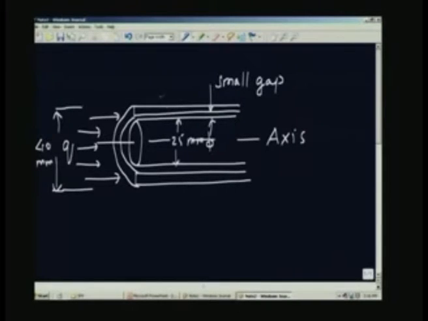The gap here between the two, half to 1 millimeter. So, very narrow gap between the inner cylinder and the outer guard. So, if the heat is impinging on the front surface both of the cylinder as well as the guard. So, this is the guard.